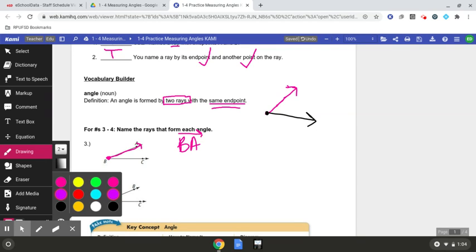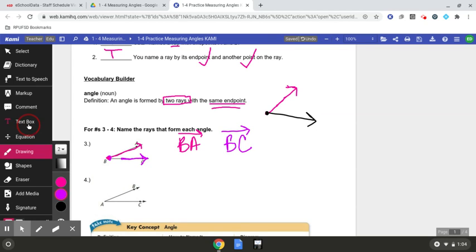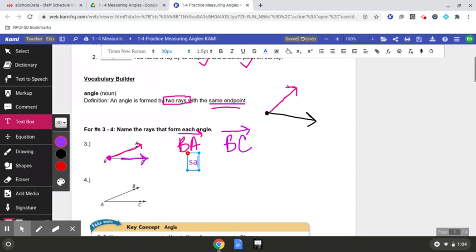The second ray still starts with that same endpoint, but goes through point C. So that would be ray BC with the ray symbol above it. The key thing here is that they both have B as the endpoint.